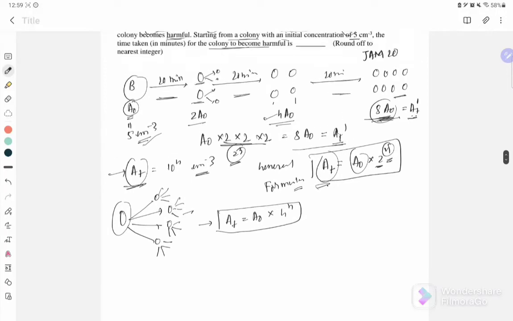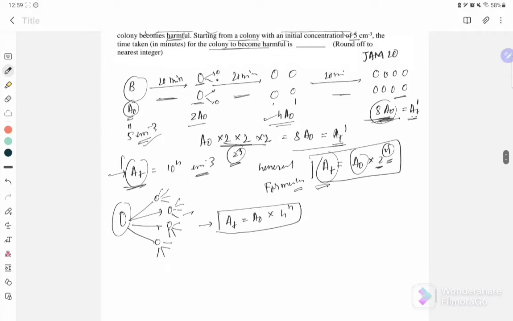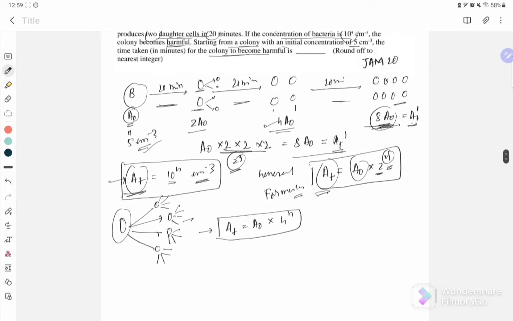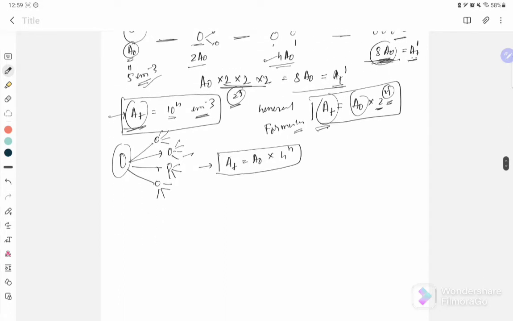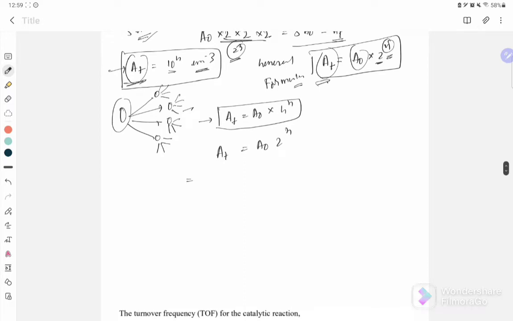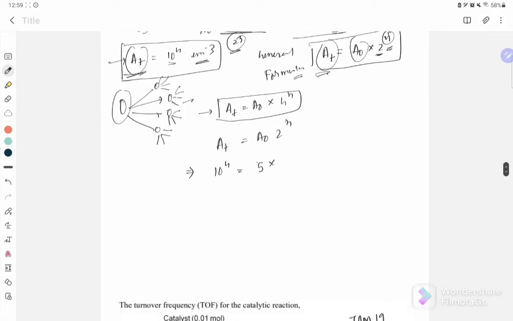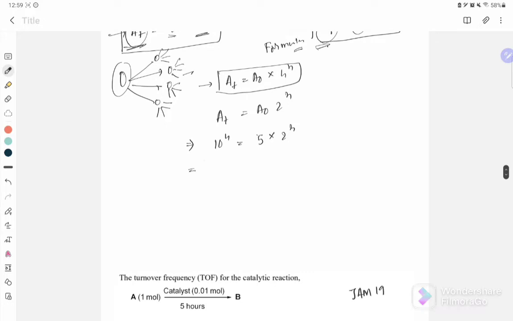So 10 to the power 4 is our AT, and we have to calculate the time for it. AT is equal to A0 into 2 to the power n. AT is 10 to the power 4, A0 is 5, the initial concentration, and it is 2 to the power n. If we do that, we get 2 into 10 to the power 3, equal to 2 to the power n.